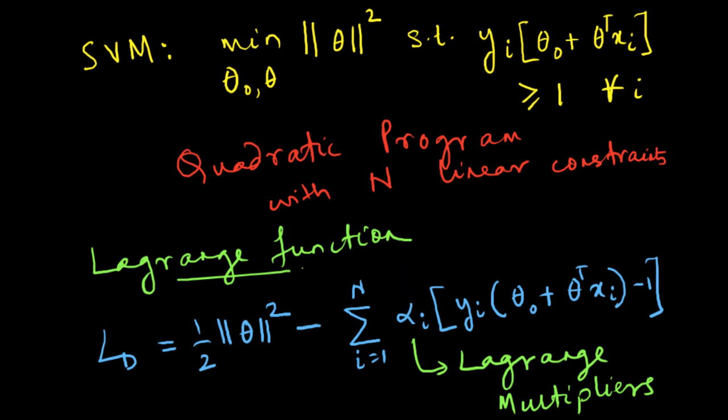So here remember that we also put a constraint that our alpha i's must be greater than or equal to 0. Because of that, we minimize with respect to theta and theta naught and maximize with respect to alpha i. So what do you have to do?